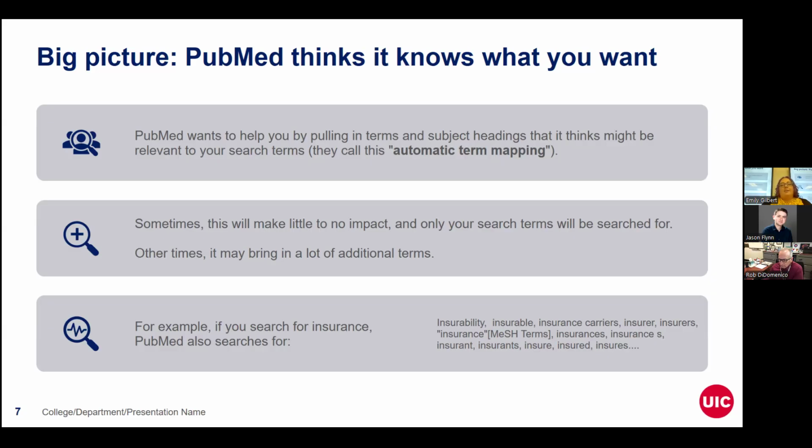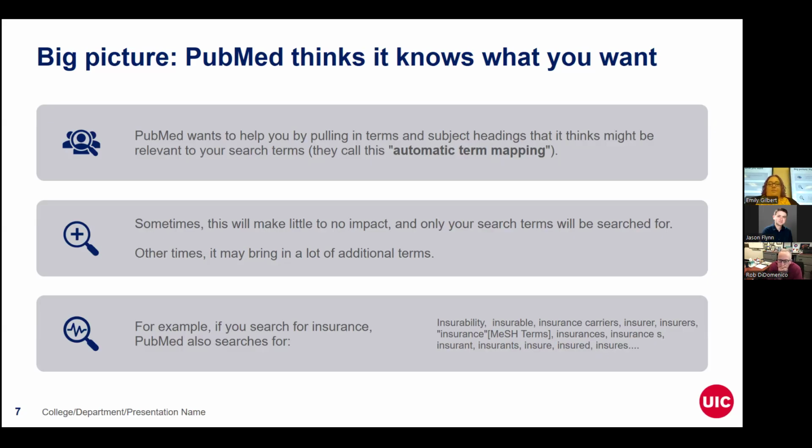So if you search heart attack, it's going to automatically also search the MeSH term for myocardial infarction. Sometimes this doesn't really make much of a difference, and you're going to get only what you searched for. And other times it might bring in many additional terms. Like we can see on the slide, if you search for insurance, it's also searching the words insurability, insurable, insurance carriers, insurer, insurers, insurances, insurance, and also insurance, the MeSH term.